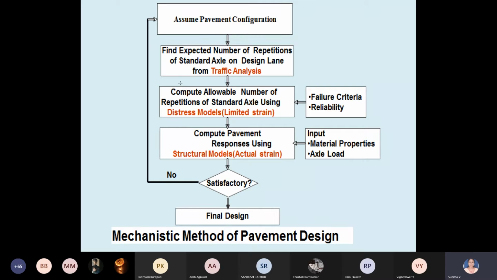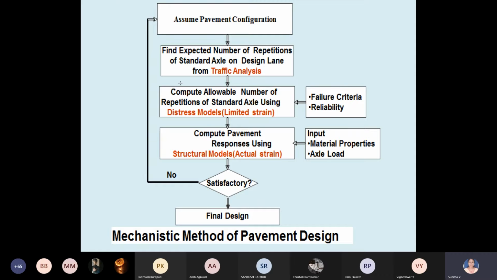Then compute the allowable number of repetitions of standard axle using distress models, limiting strain.